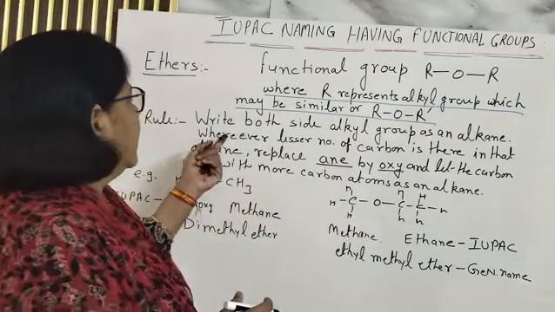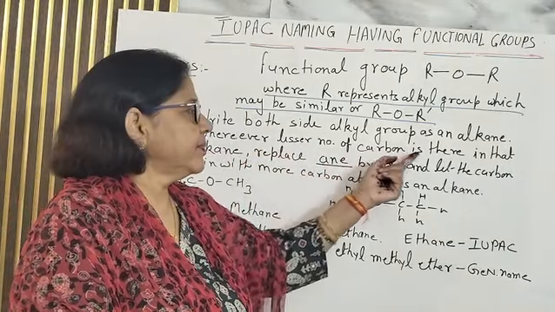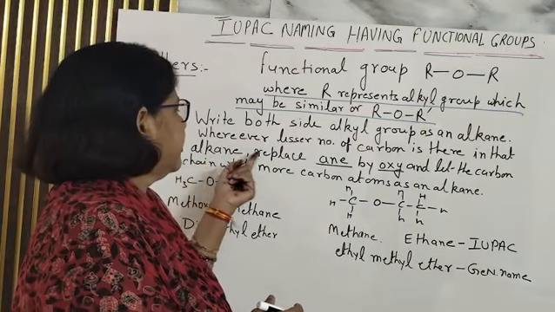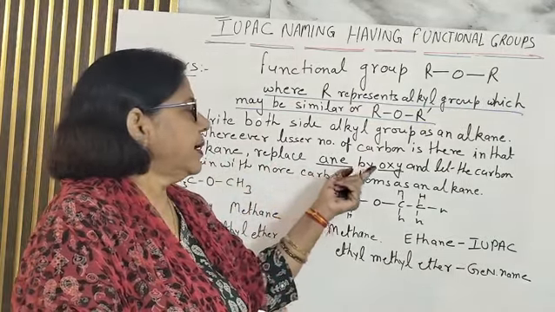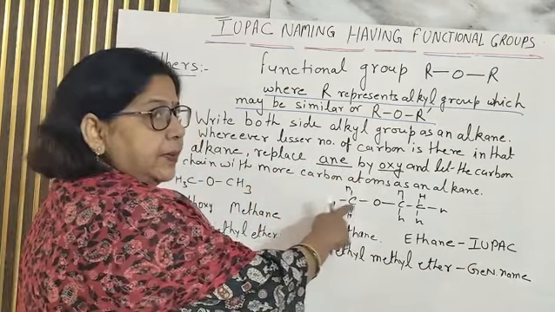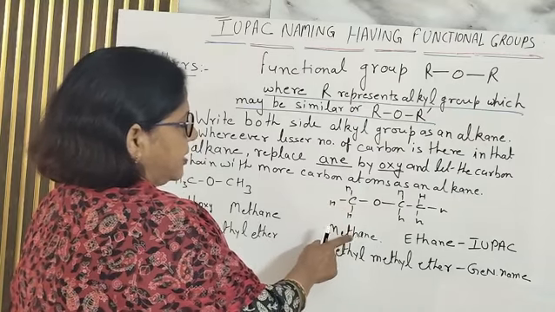Fine. Means as many carbon atoms are there on both the sides of oxygen, you write the alkane accordingly. Now, wherever is the lesser number of carbon, in that alkane, replace ane by oxy. Here in this formula, here is one carbon, here two carbon, written methane. So what shall I do?